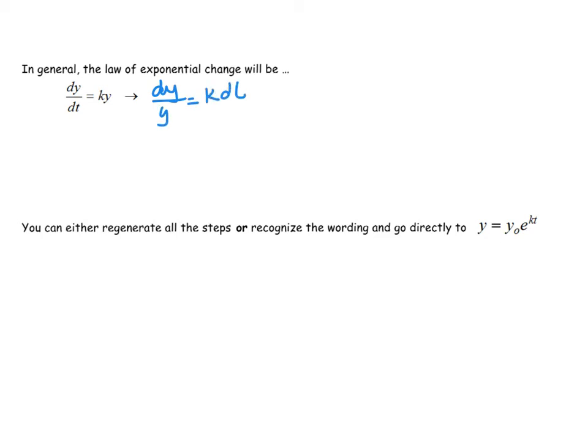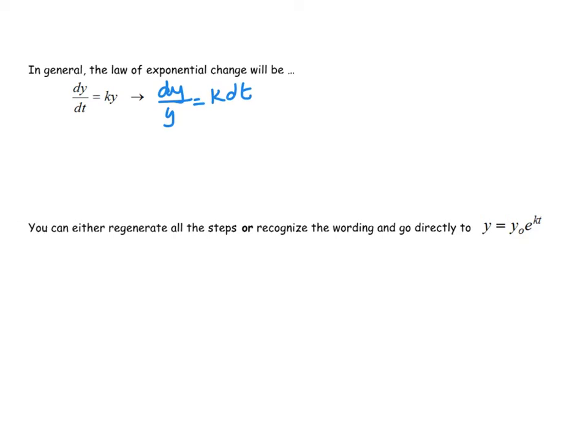And just like the last one, we'll integrate both sides, and we'll end up with the ln of the absolute value of y equals kt plus c. And once again, we know that y is greater than 0, so we can just say the ln of y equals kt plus c.